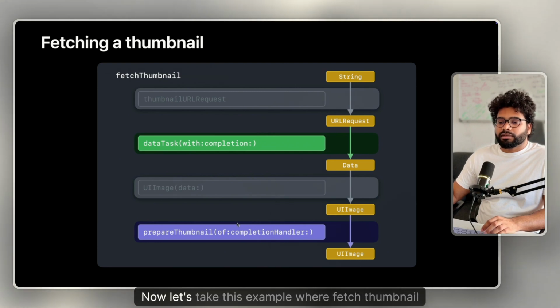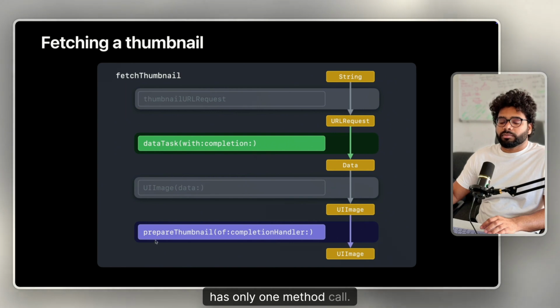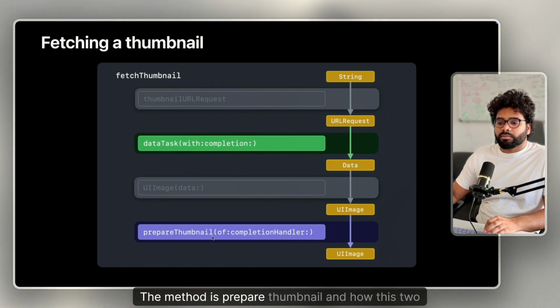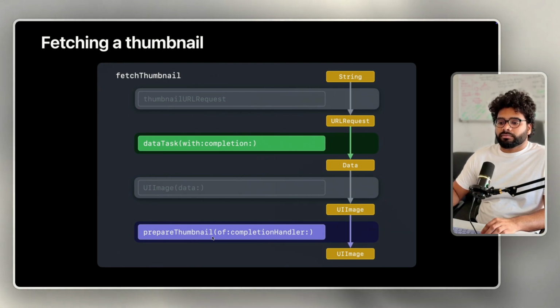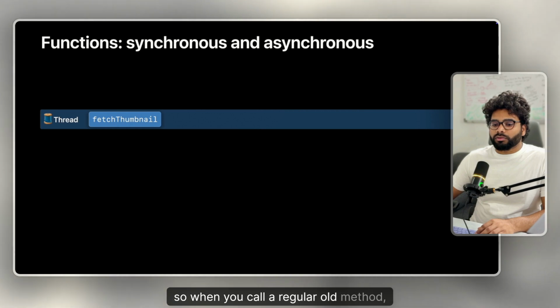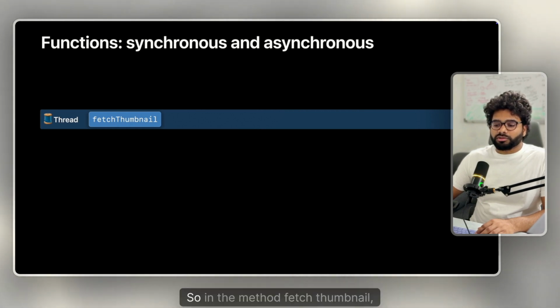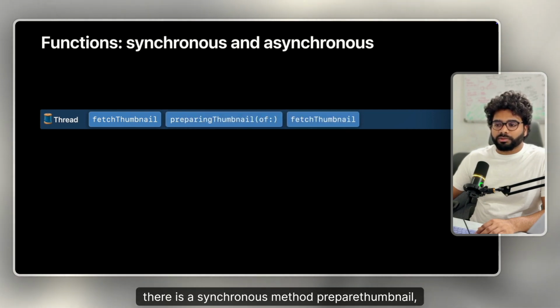Now let's take this example where fetch thumbnail has only one method call. The method is prepare thumbnail, and let's see how these two forms of the method get executed on a thread one by one. So when you call a regular old method, that is the synchronous method, your thread is blocked. In the method fetch thumbnail, there is a synchronous method prepare thumbnail.